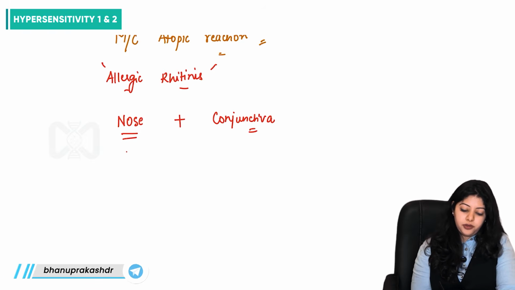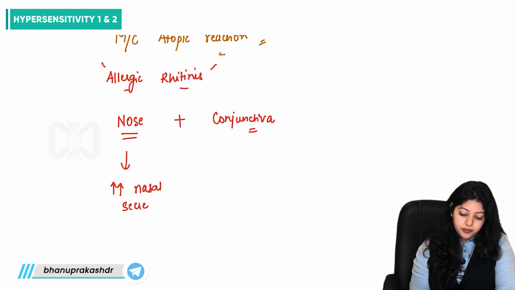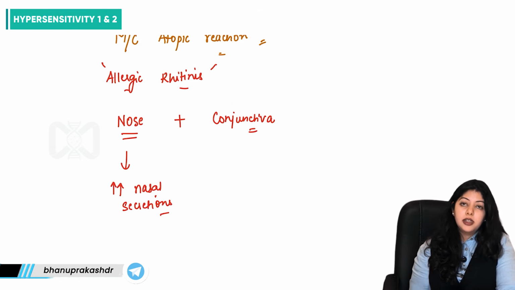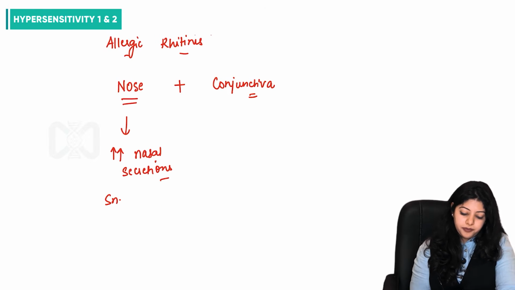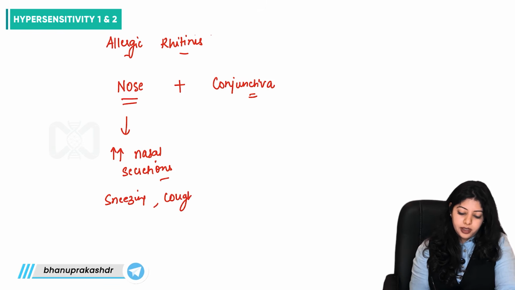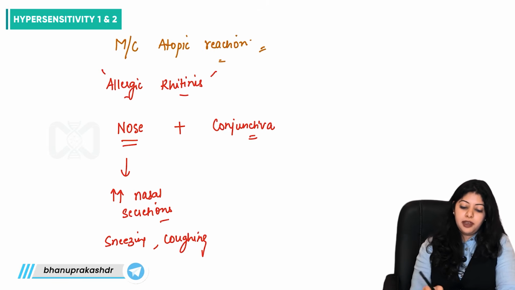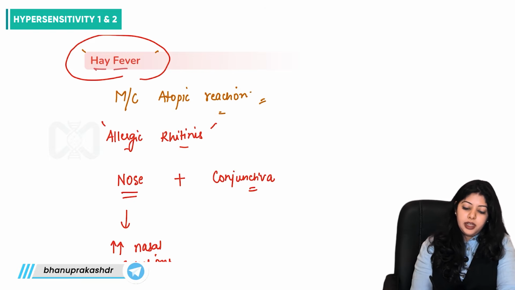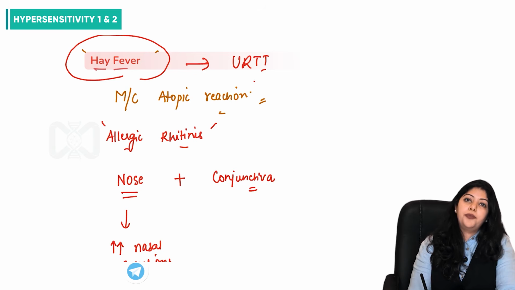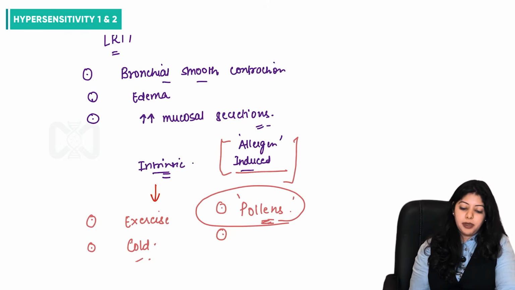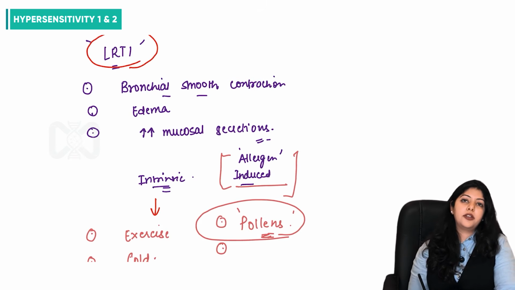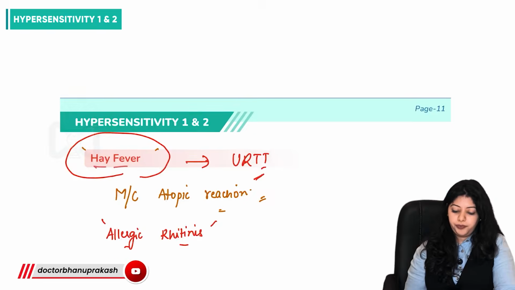So because of this, there is going to be increased nasal secretions, sneezing, coughing. Why coughing? Because in hay fever, the upper respiratory tract is involved, whereas in asthma, it was the lower respiratory tract which was involved.